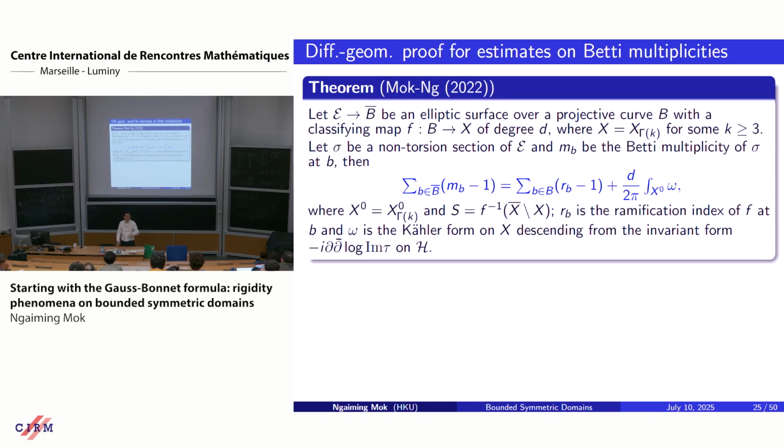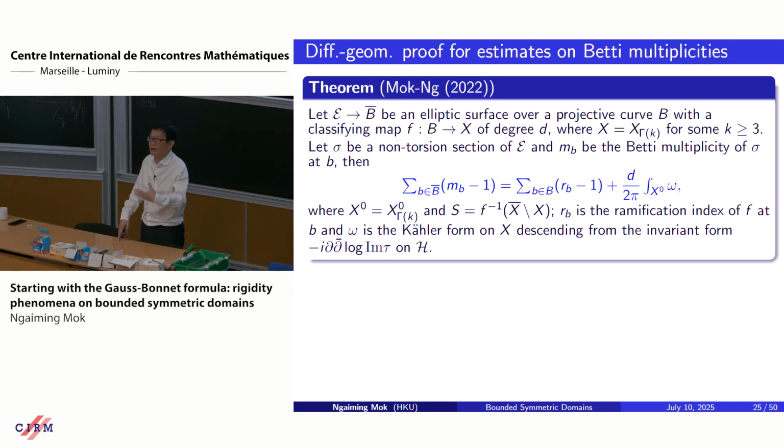But after the Betti map became popular, there were important questions raised, and we also tried to make use of differential geometry to deal with them. One is to estimate the Betti multiplicity, and this can be done by an analog of the Poincaré-Lelong equation. So if you use differential geometry and you take the vertical part of a section, then actually they satisfy some differential equation, first order, and then a second order differential equation.